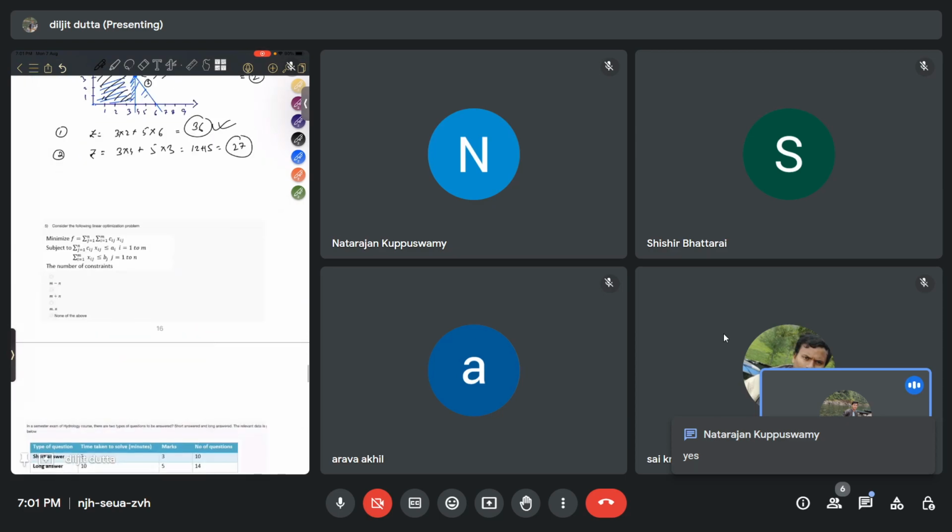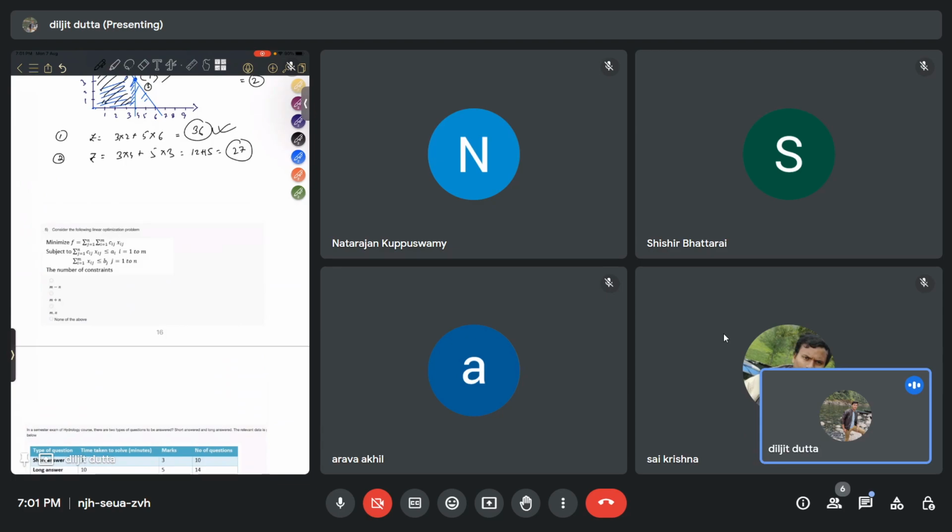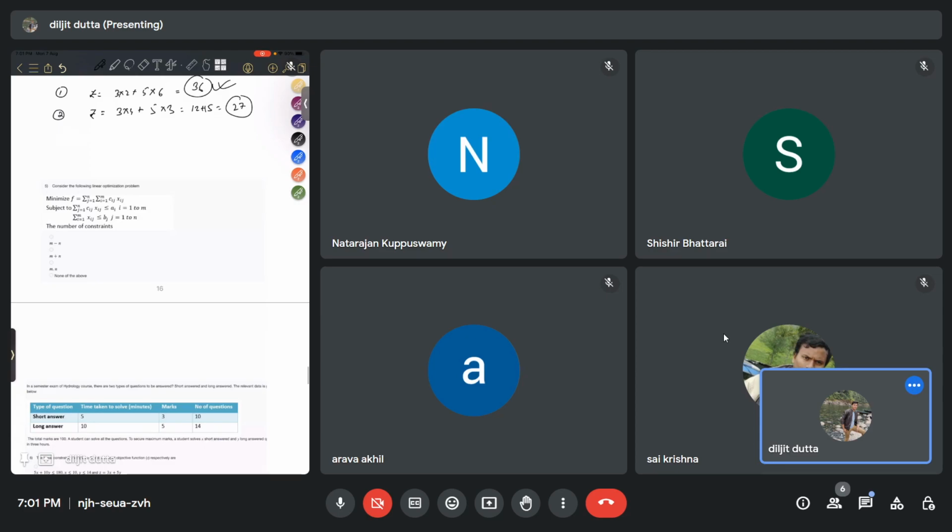Okay, then we will move to the next question. So here is just a sample problem. Suppose we have to minimize f equal to the sum over j equal to 1 to n, i equal to 1 to n, Cij Xij, subject to two different sets of constraints. The first is the sum of Cij Xij less than or equal to Ai, for i equal to 1 to m, so there will be m equations here, and j goes from 1 to n, where j is the number of variables.